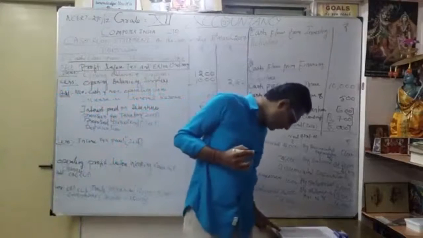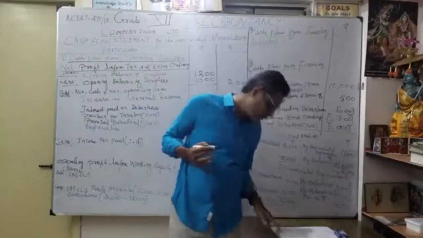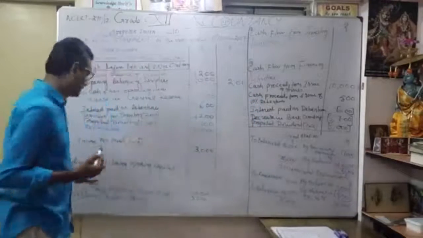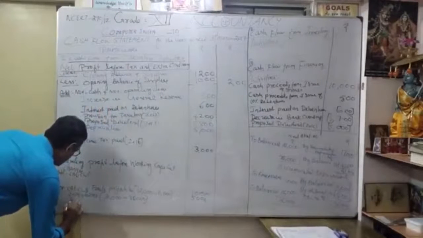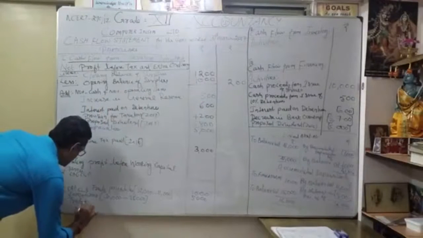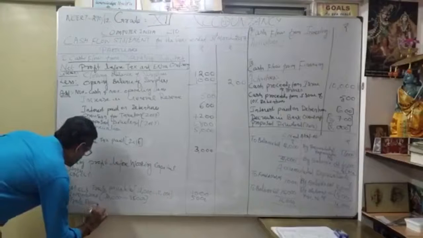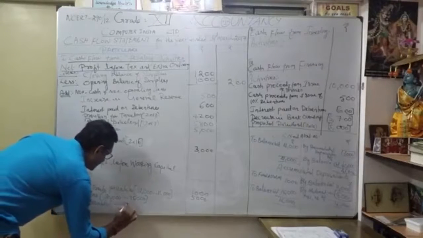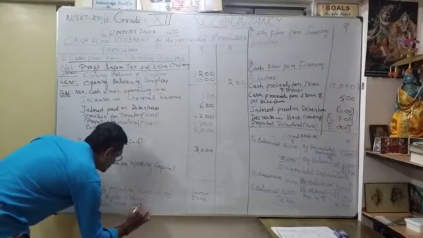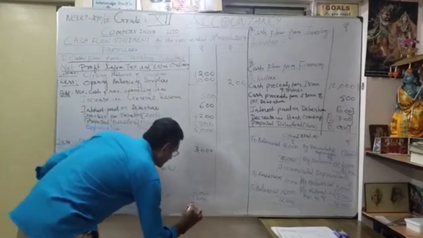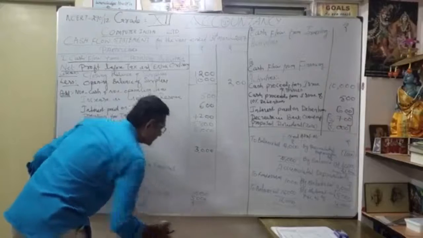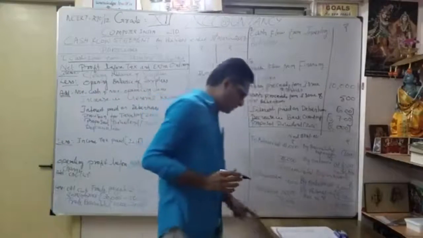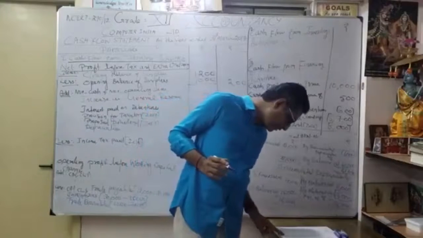Okay, thereafter trade receivables also 20,000 become 24,000. Again current asset increased. So trade receivables, 20,000 become 24,000. So I'm going to write here 4,000 increased. Right. Thereafter you see cash and cash equivalents.